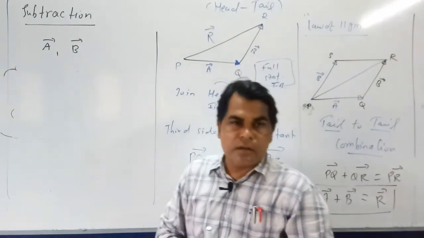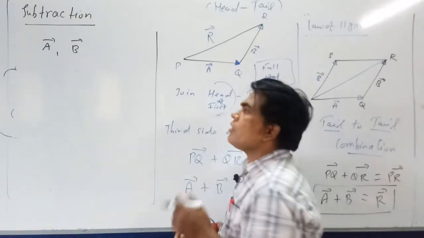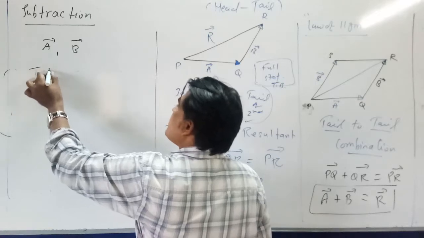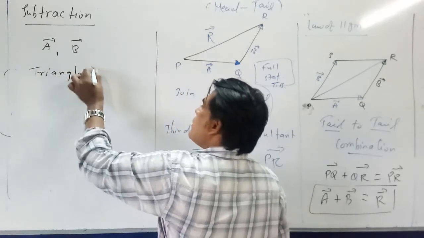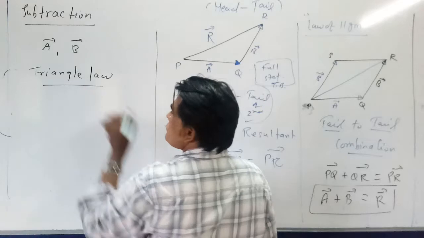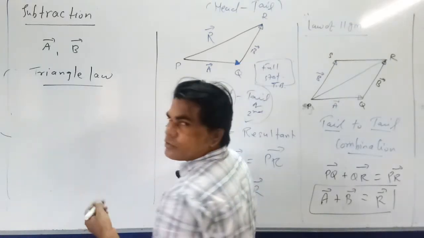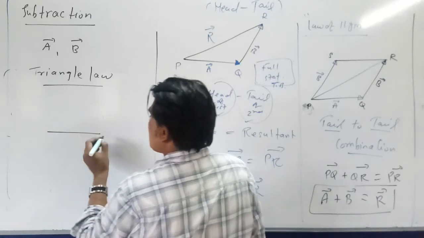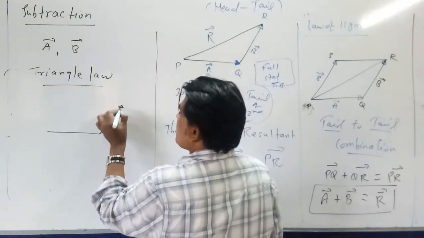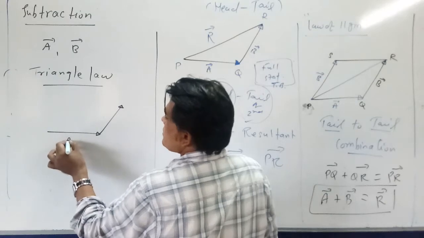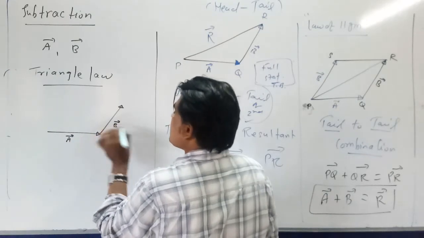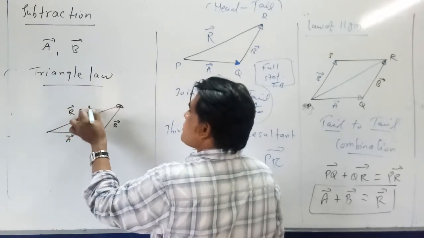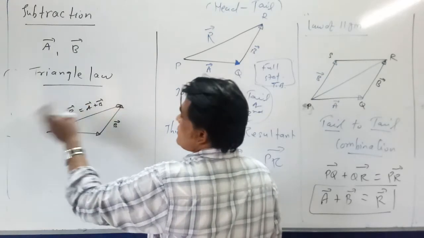Suppose two vectors are there. If I want to subtract them, how can I make it possible? So I will use the triangle law of vector addition once again. If it is my vector A and it is my vector B, then this is my A plus B. That is confirmed now.